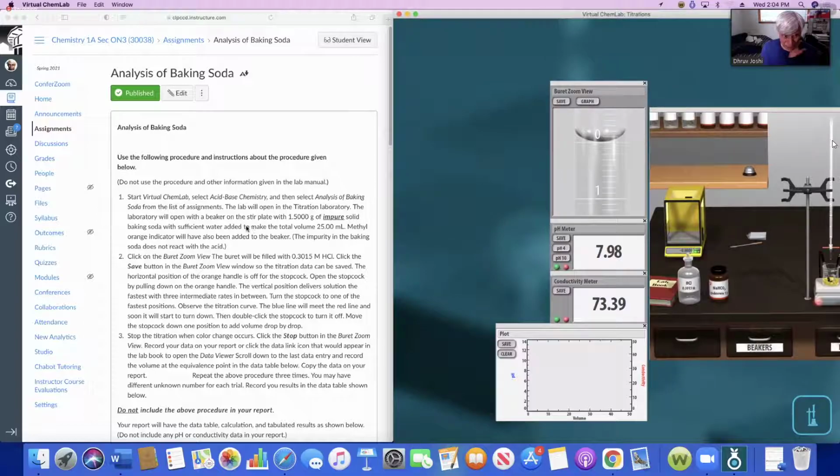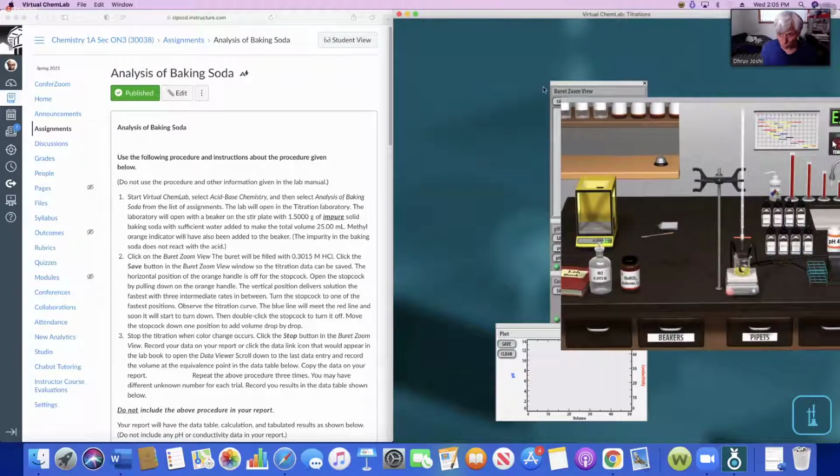Okay. The stirring plate with 1.500 grams of impure solid baking soda. So this here already has impure baking soda, not 100% pure.